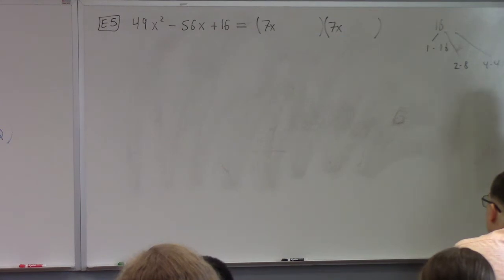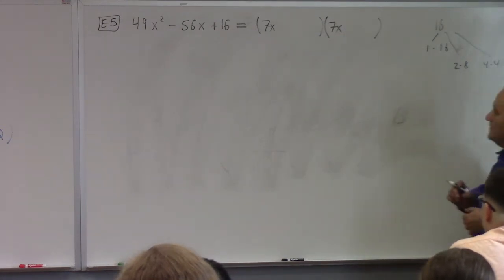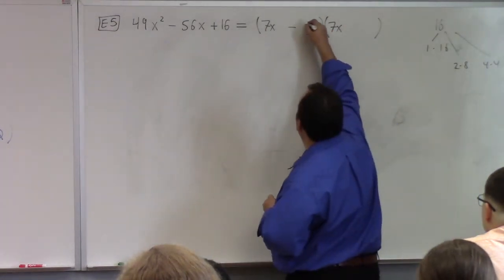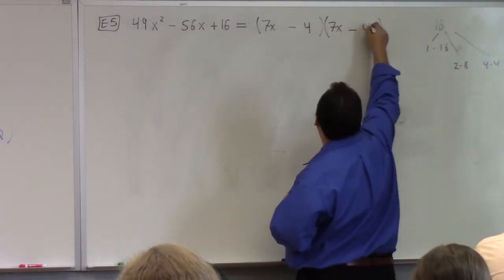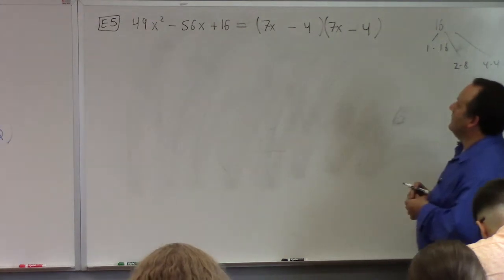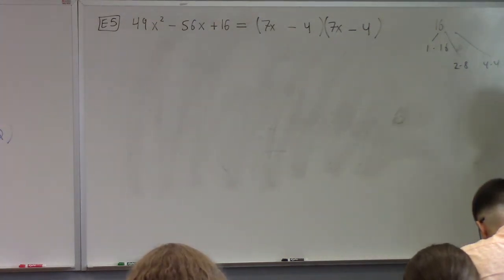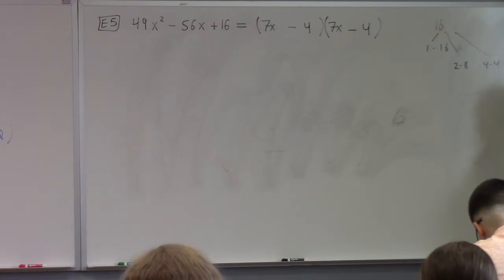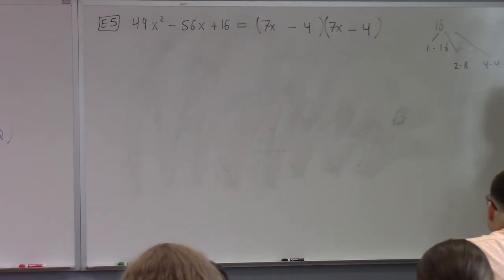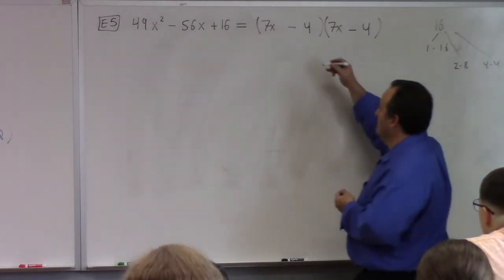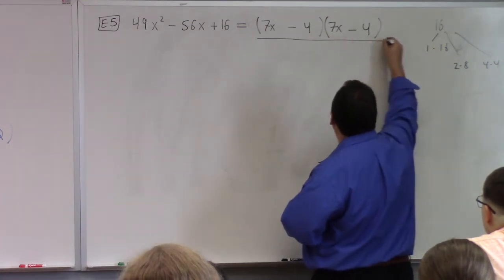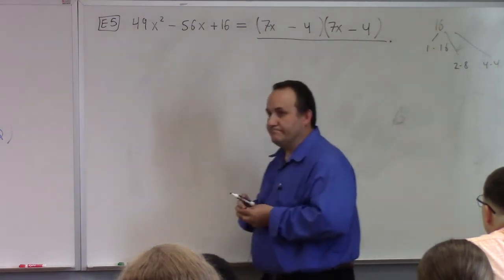What do you guys think? 4 and 4? Is it minus 4 and minus 4? Is that right? 4 times 7 is 28. 28 plus 28 is 56. Yeah, that's it. So I got lucky. I could easily have burnt 3 minutes of class on that.